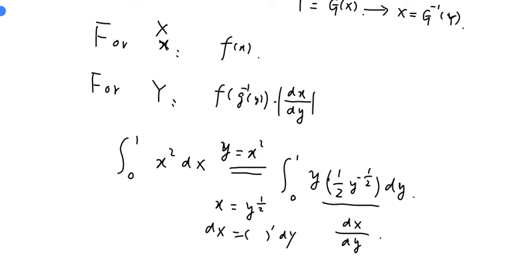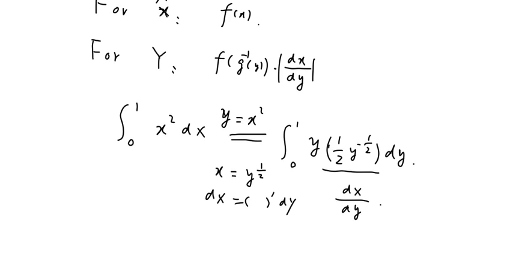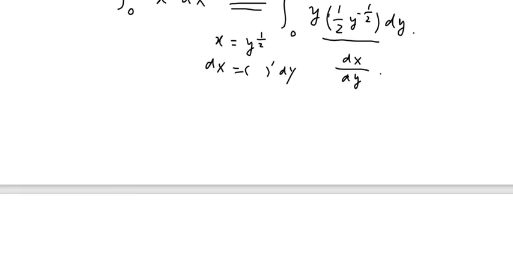Now we can use this to find the density function for chi-square 1. The density function for Z is this, right? So we use Y equals X squared, and X follows standard normal.